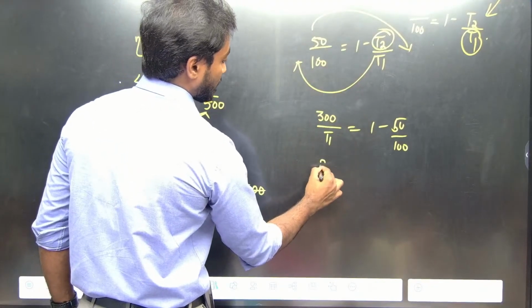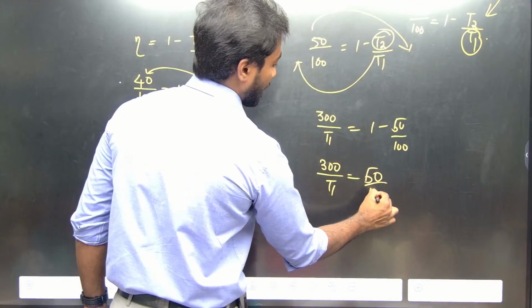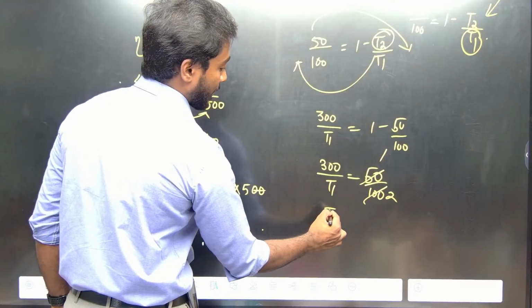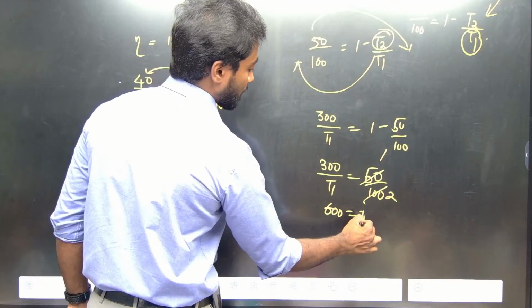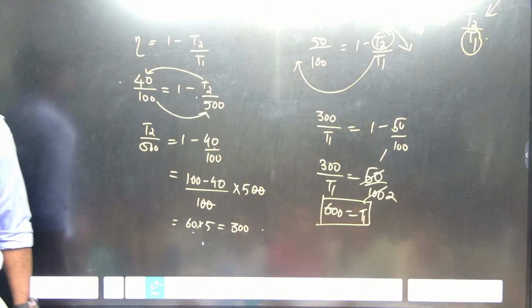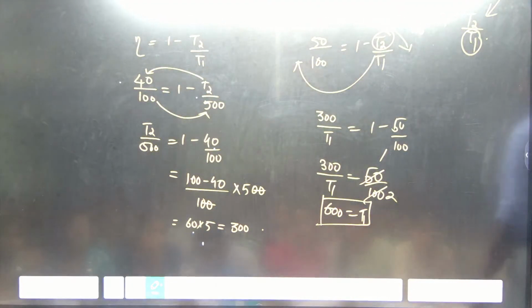So 300 by T1 will be equal to 50 by 100. So 1 times and this is 2 times. So cross multiply it. So 600 will be equal to T1. This is my answer. You can cross verify the things now, and see where you have made the mistakes.